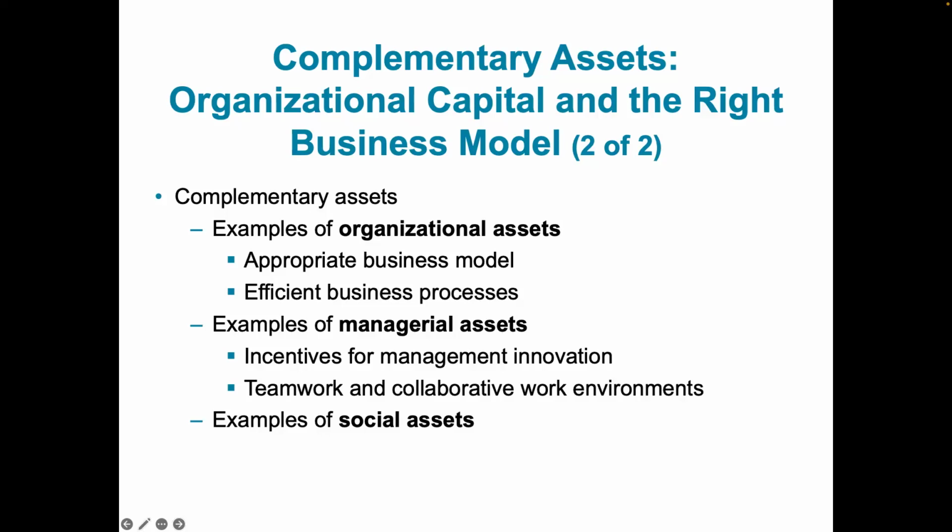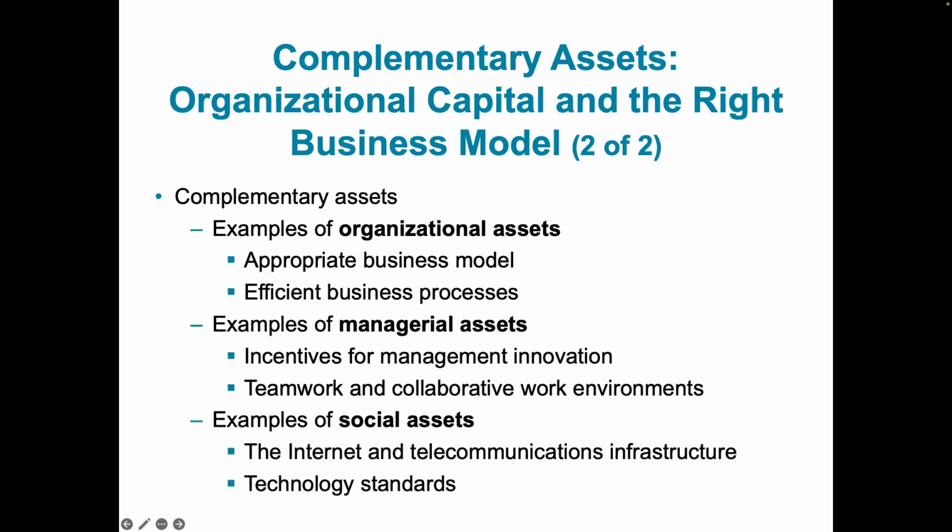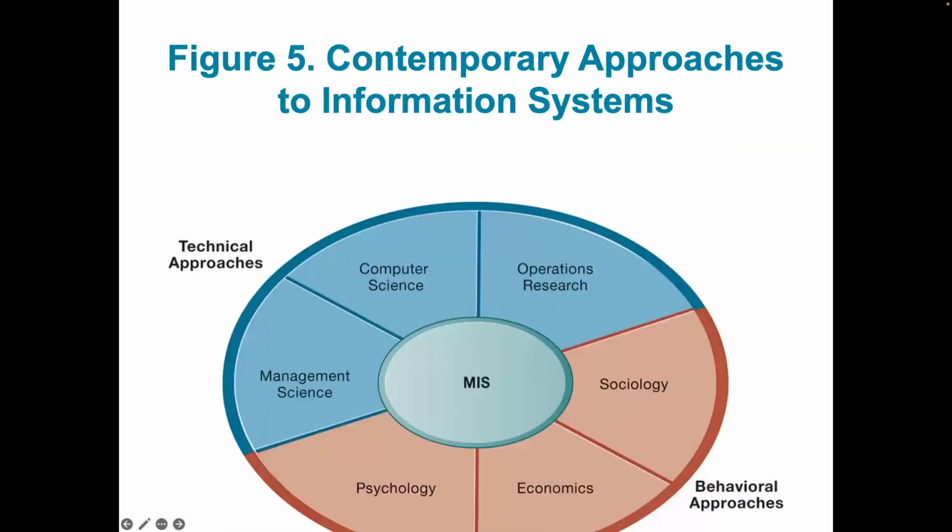So even at the regional or national level, governments can invest in social assets just to make sure that individuals and businesses thrive. At that level, they will also be considering those social assets, investment in infrastructure, investment in electricity as examples of complementary social assets. Very important, complementary assets and the primary assets.